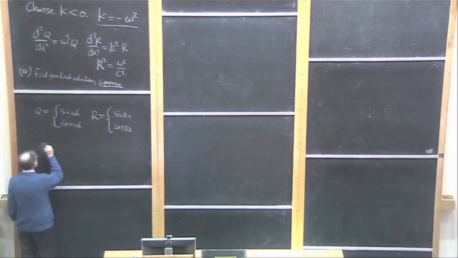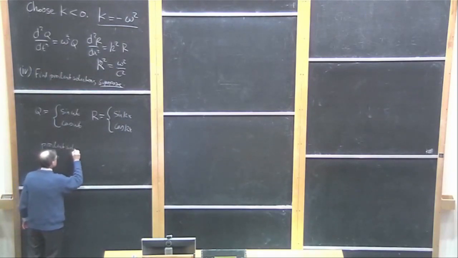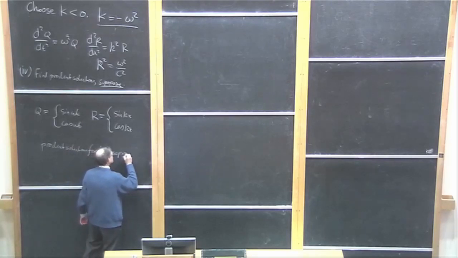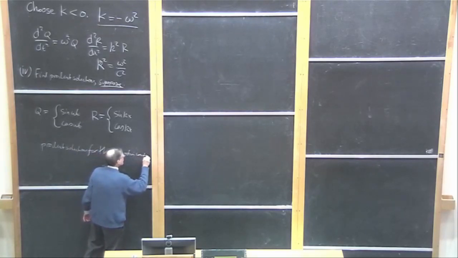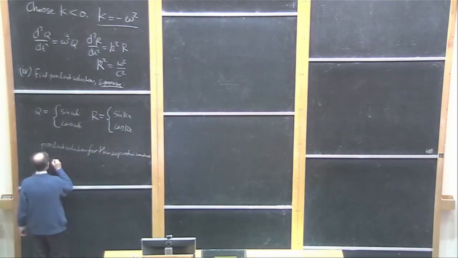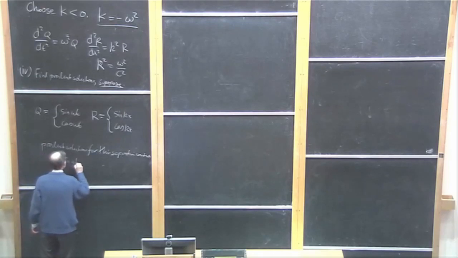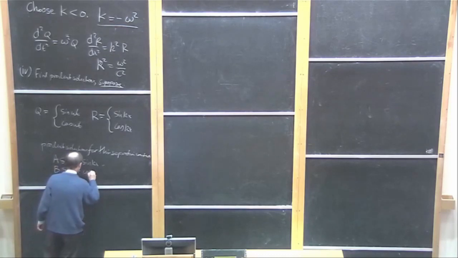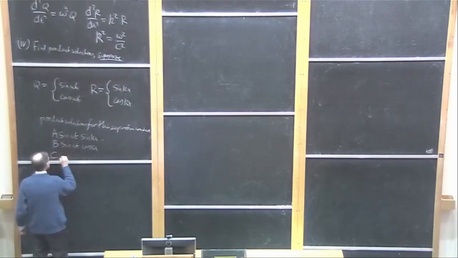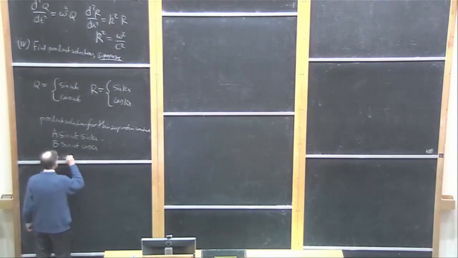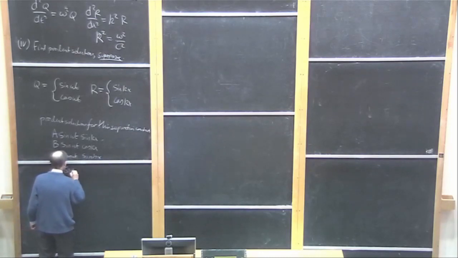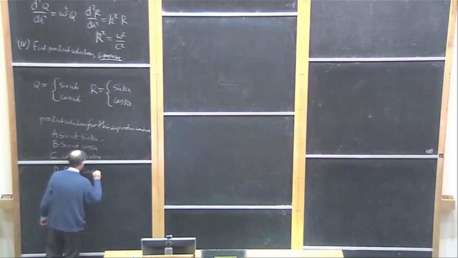So the product solution for this separation constant is Y equals A sine omega t sine kx, B sine omega t cos kx, C cos omega t sine kx, and D cos omega t cos kx.